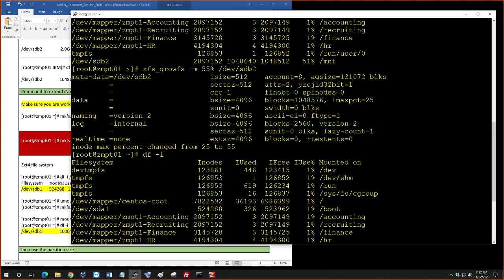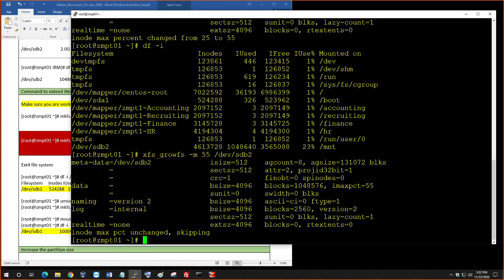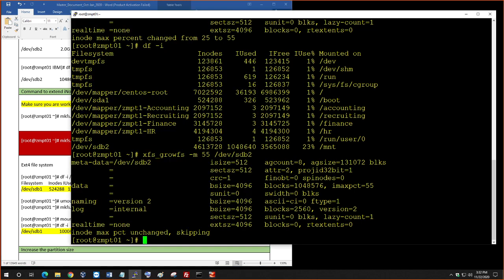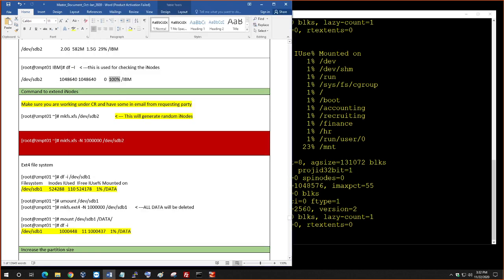The message you got here, 51%, is not accurate, okay? But here, I increased the inodes. Originally, this was the inodes we used to have. So this was the inode usage, and I used up all the inodes using blank files here, right? So now the correct command to grow the inodes is this command here. So I increased the inode to 55%.